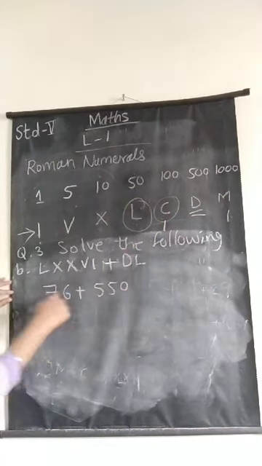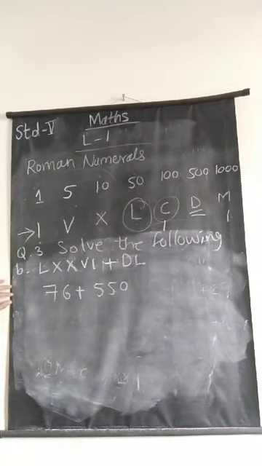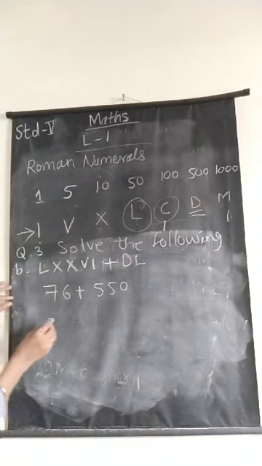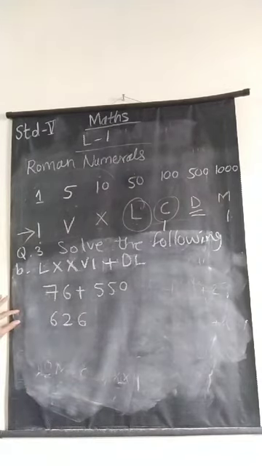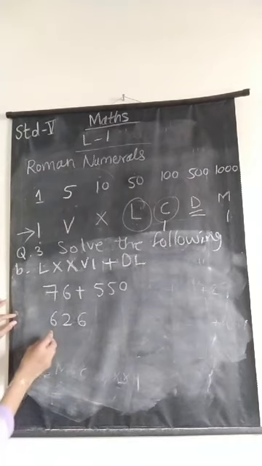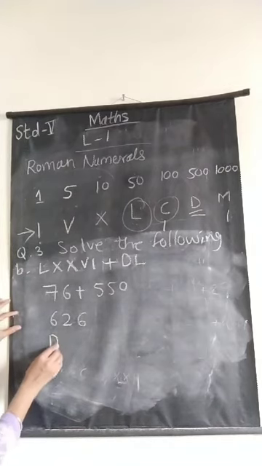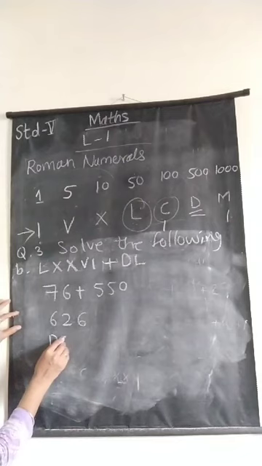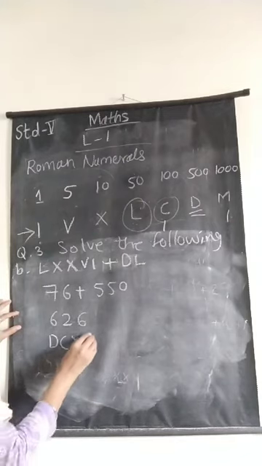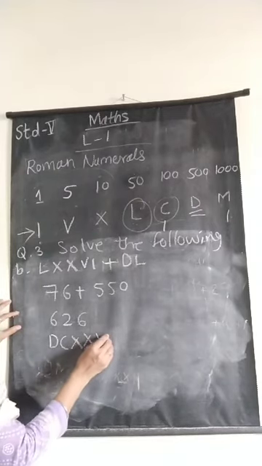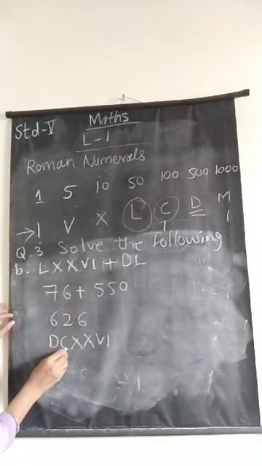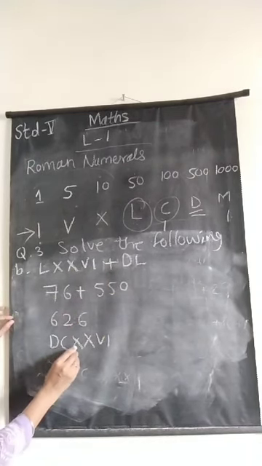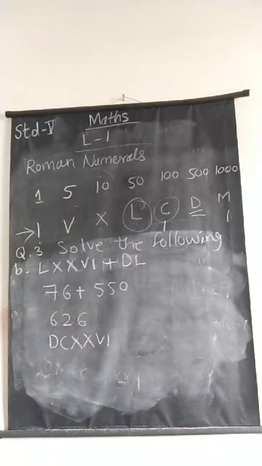500 plus 50, 550. Now take the addition of both numbers. The addition will be 626, and 600 is written as 500, that means D, plus 100 is C, plus 10 plus 10 plus 6. So their addition is DCXXVI.